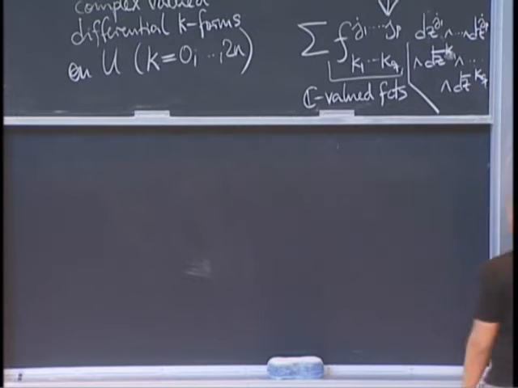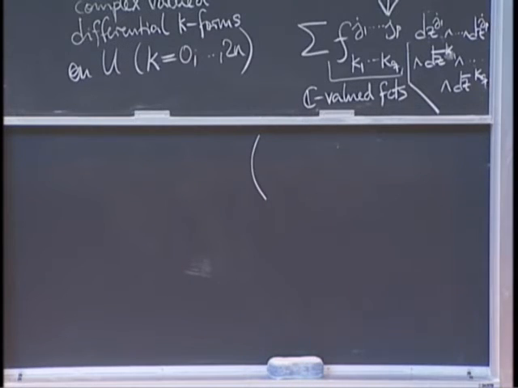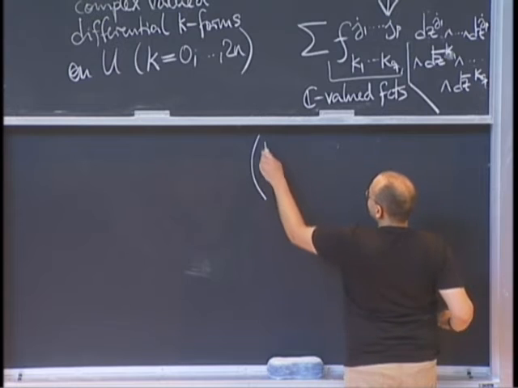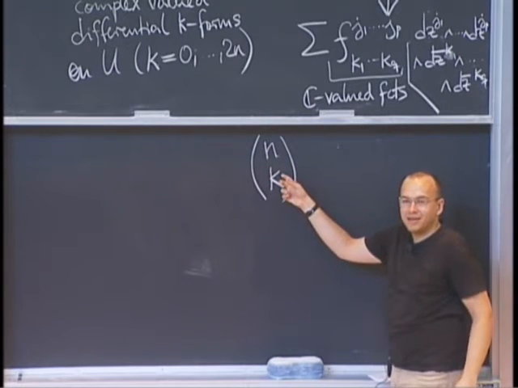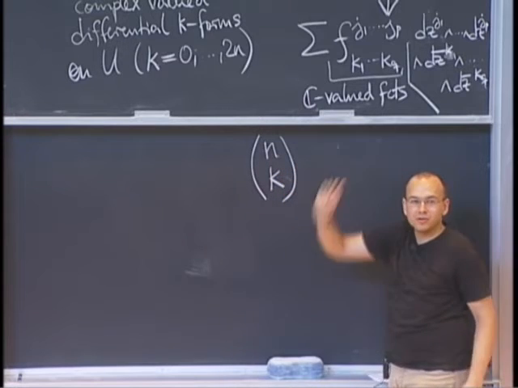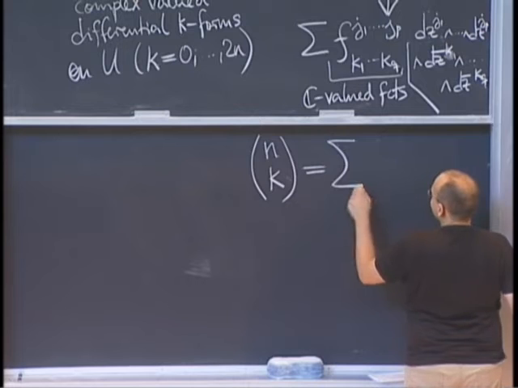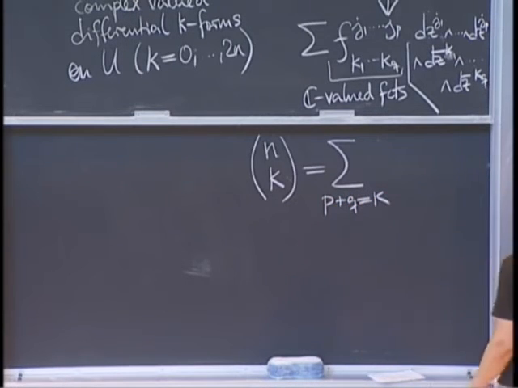So if you count degrees of freedom, if you count dimensions on both sides, then on the left-hand side you have K forms. So the space of K forms has dimension n choose K, complex dimension in this case because you're looking at complex coefficients, and then you're writing this as the sum P plus Q equals K. So how many possibilities do you have here?